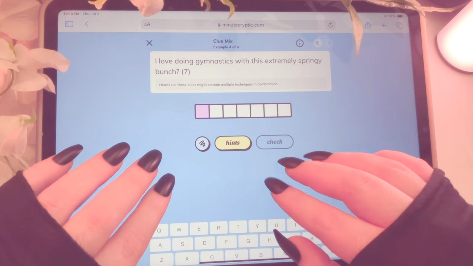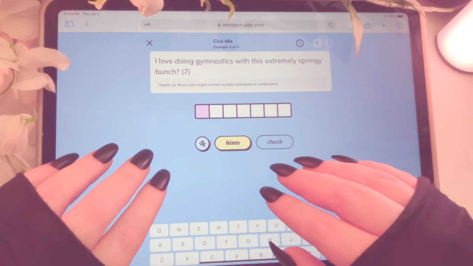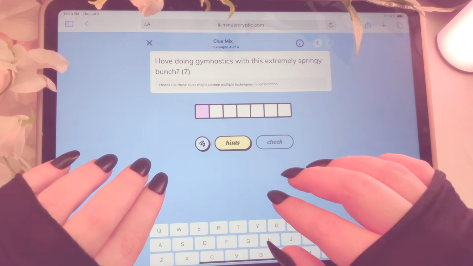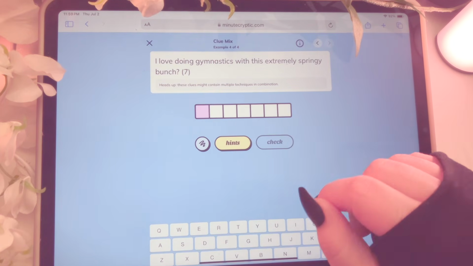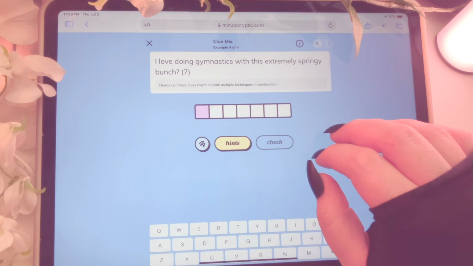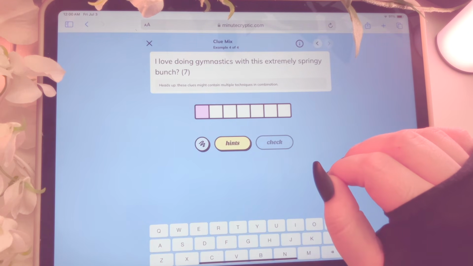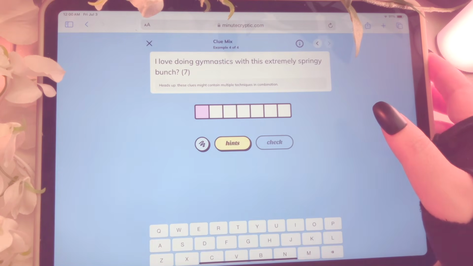There's a question mark, which means that the answer is a little bit punny or playful. Bit of a stretch, maybe. I love doing gymnastics with this extremely springy bunch.